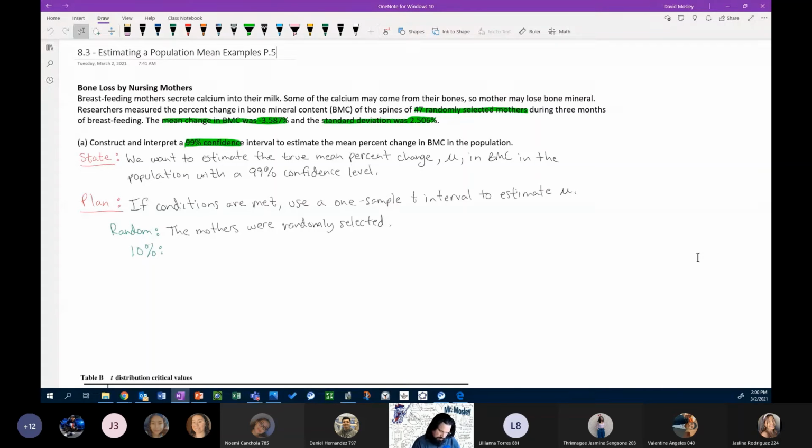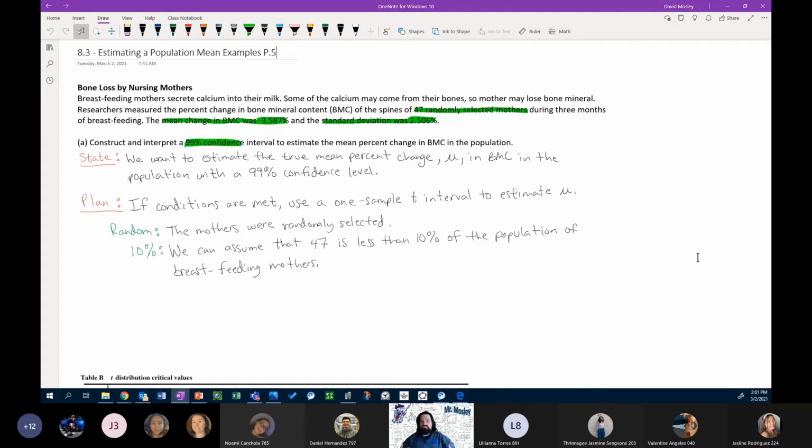10%. We can assume that 47 is less than 10% of the population of breastfeeding mothers.